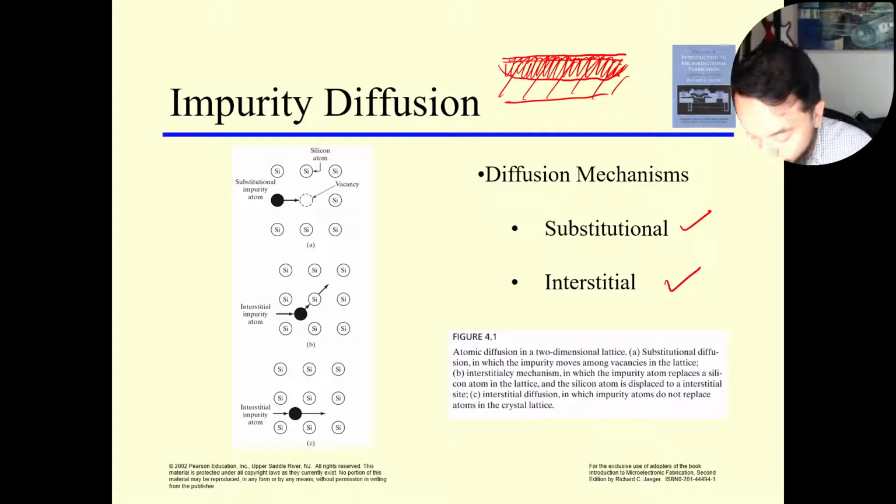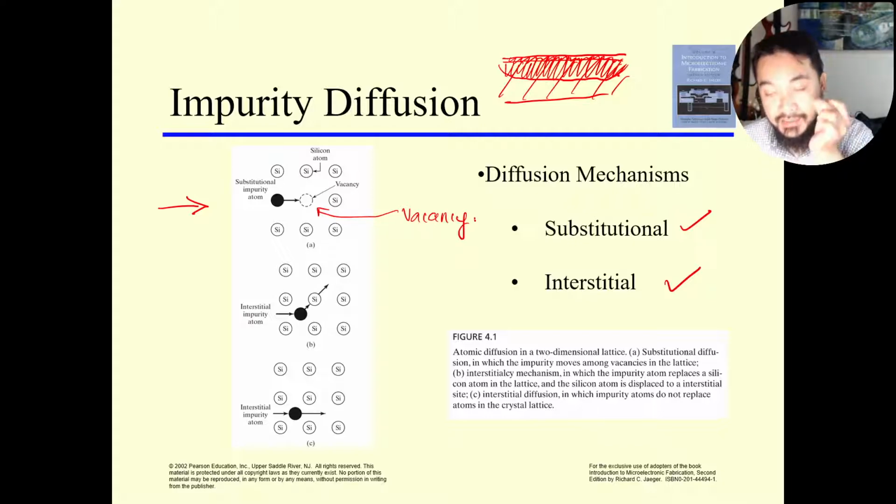If you look closely here, the substitution can happen when you have a vacancy. A vacancy is when a lattice site which is supposed to be occupied by a silicon atom has the silicon atom missing. It's gone somewhere, we don't know where. So you have a point vacancy.